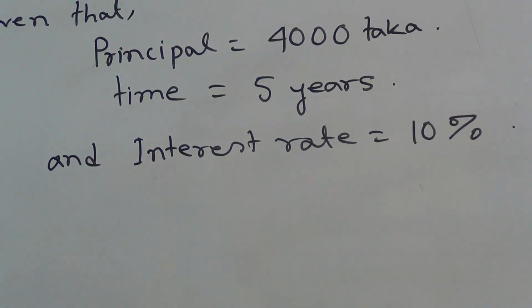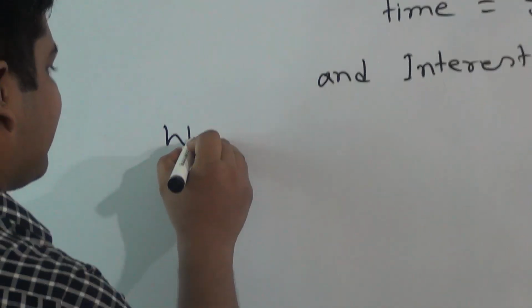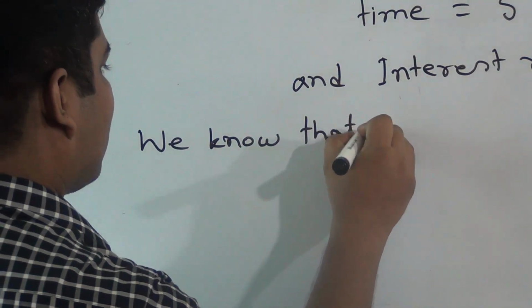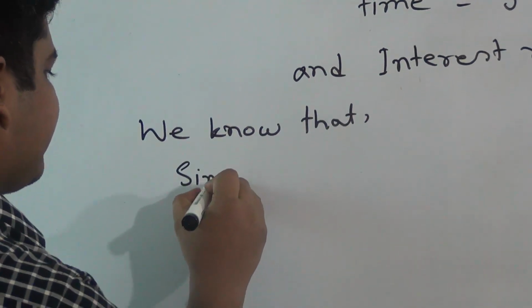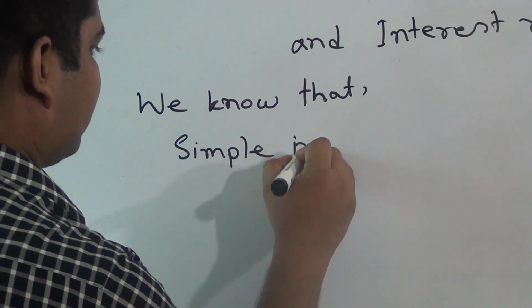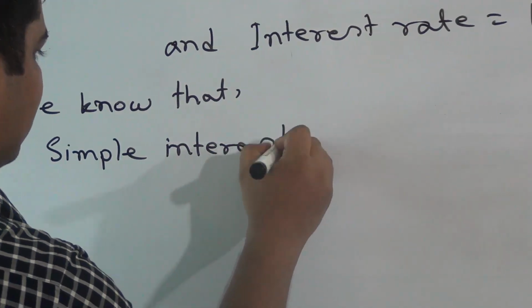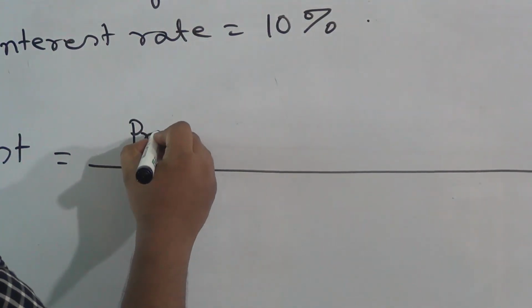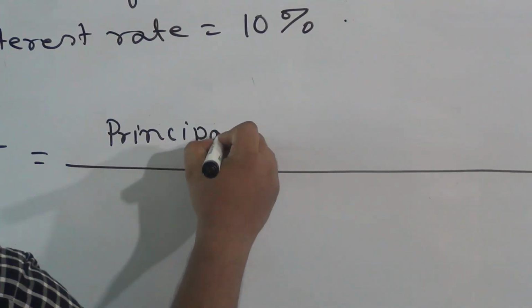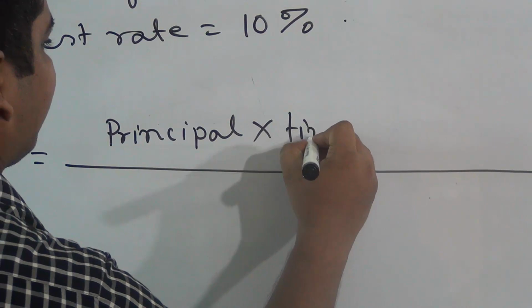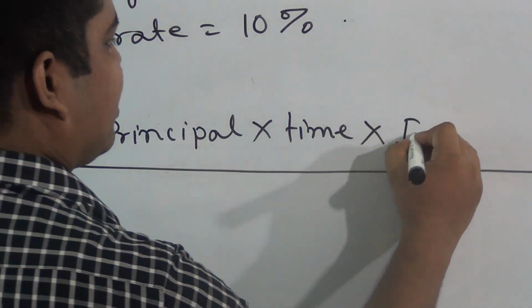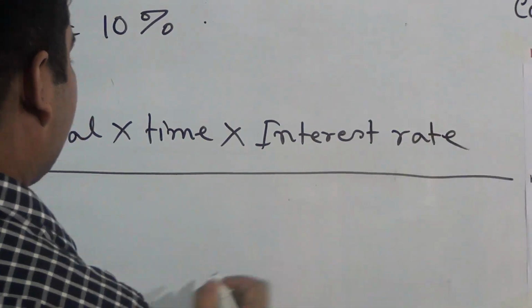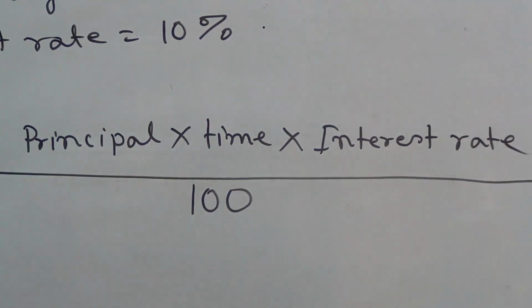Now we use the formula of simple interest. We know that simple interest equal to principal multiply time multiply interest rate divided by 100.